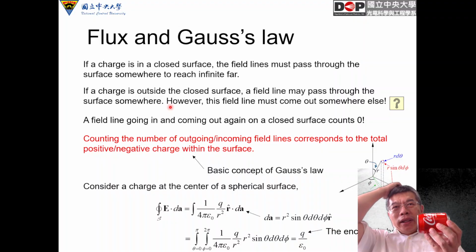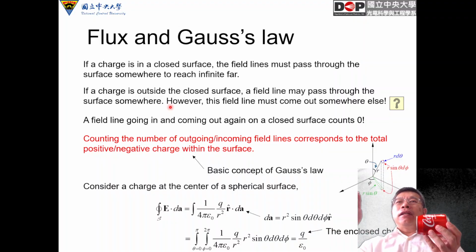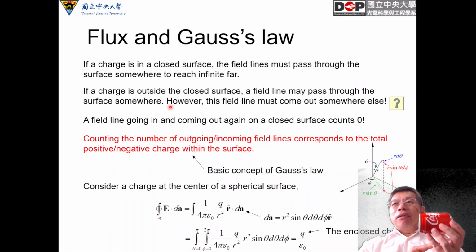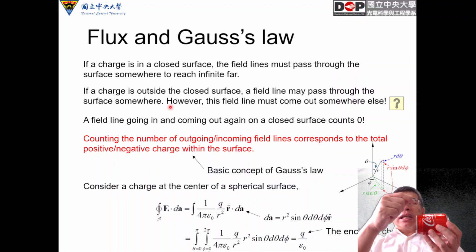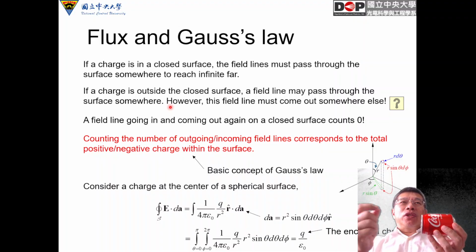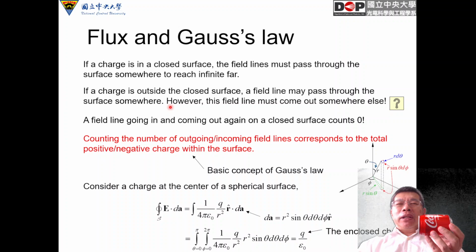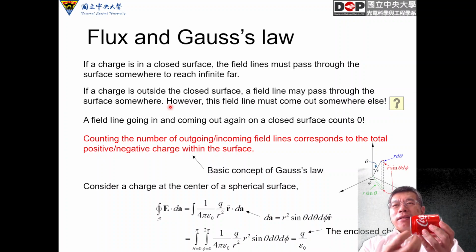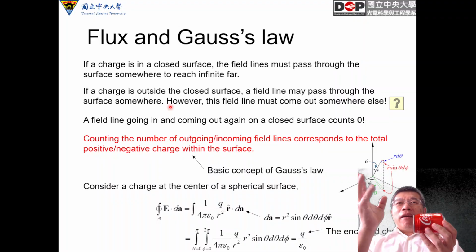But now, here a field line going in and coming out, we'll consider this zero because it goes one in and one out. There's no total sum. So going in plus one, going out minus one, so it will be zero. But if you have a charge inside this surface, everything goes out.